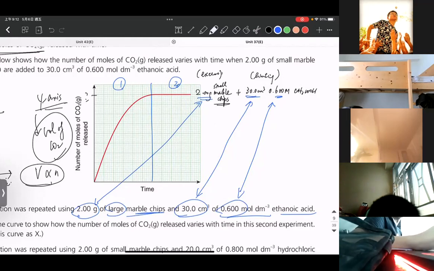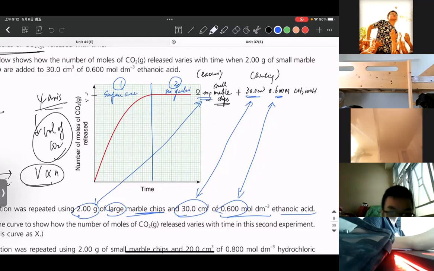Number one is changed by the surface area of the small marble chips. And number two is the number of moles. Yes, tell me the change. So number one, it just tells you surface area. The surface area larger and the reaction rate faster.